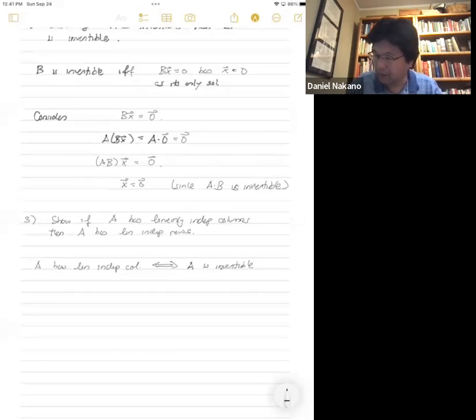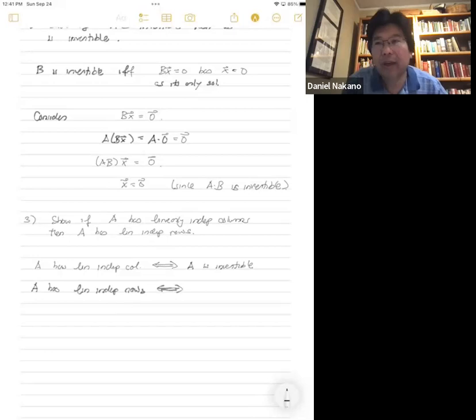And I can write A has linearly independent rows. Well, if I transpose A, remember the rows become the columns and the columns become the rows. So, using a little bit of logic, that means that A transpose is invertible.